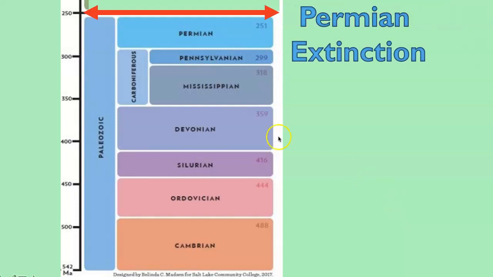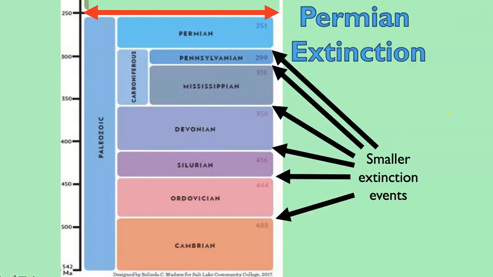And now I can mention a little bit about these other breaks between the various periods, because this extinction was a big break between the eras, Paleozoic and Mesozoic. These other little breaks sometimes are represented by smaller extinction events.